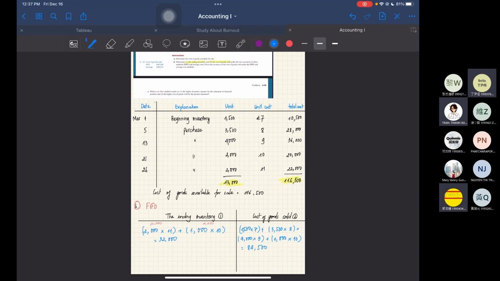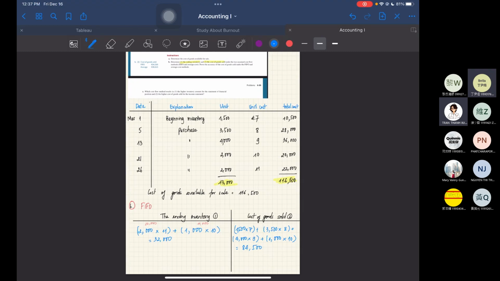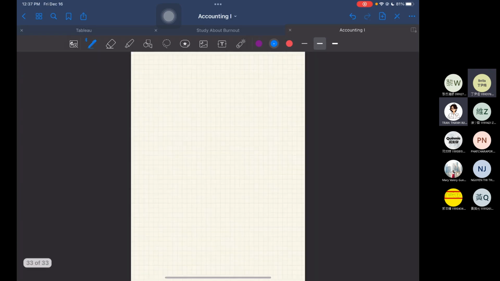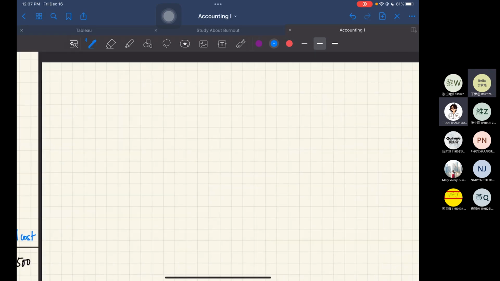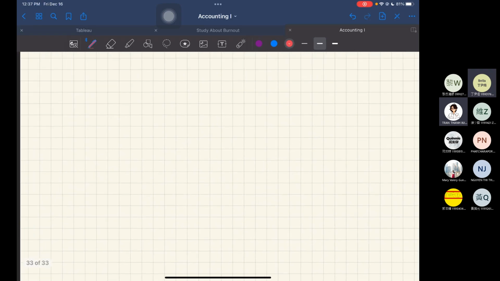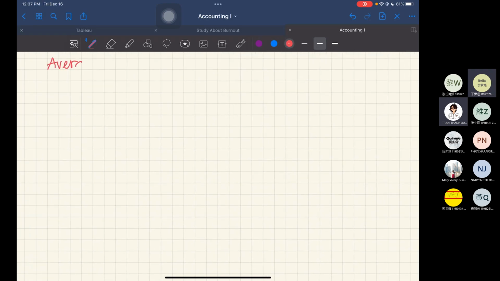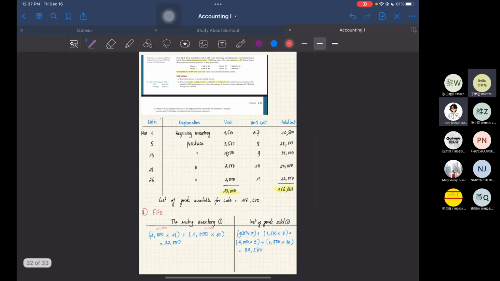Yes. Okay, just to make sure that we all understand, here we will do average. This is the same thing that we just did here.